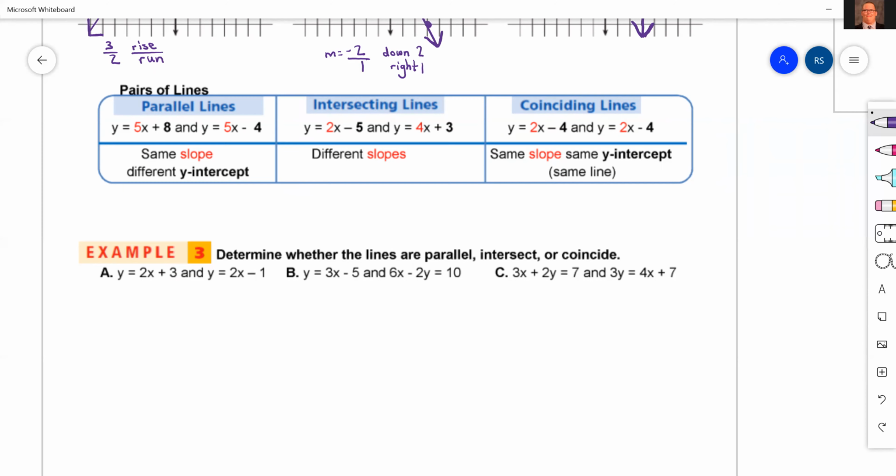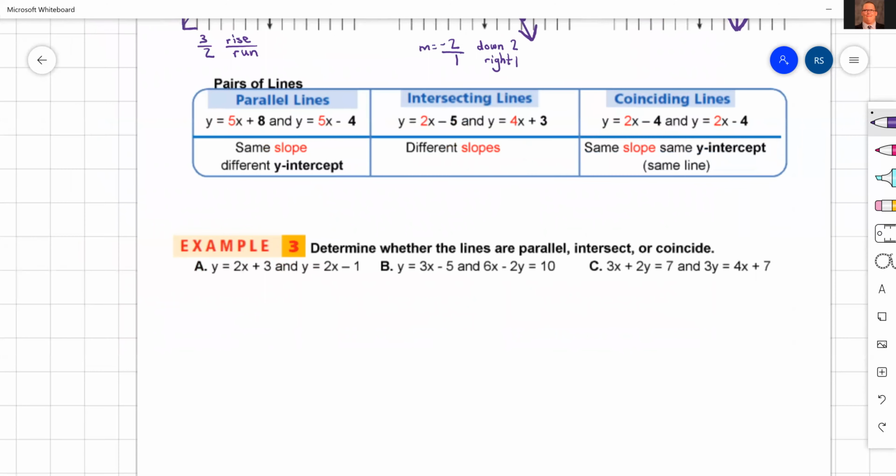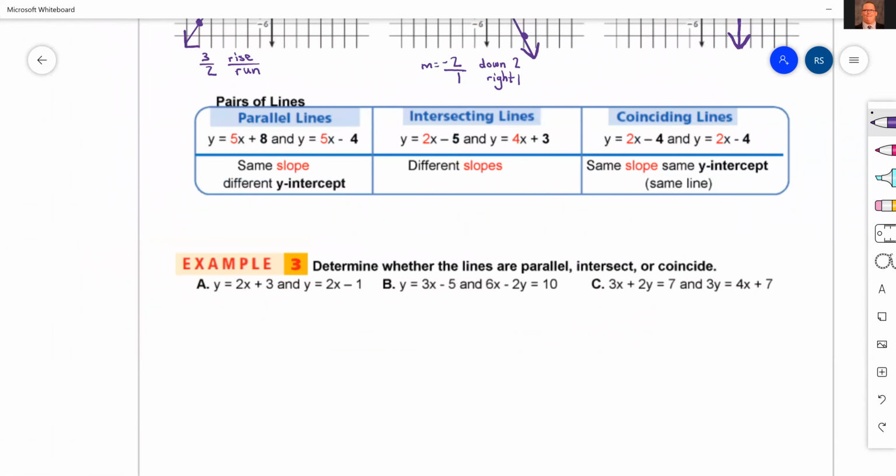So let's determine, based on our equations here, if these lines are parallel, intersecting, or coinciding. So if we look at the first one, let's check the slopes. Slope of 2 here and 2 here. So these have the same slope.